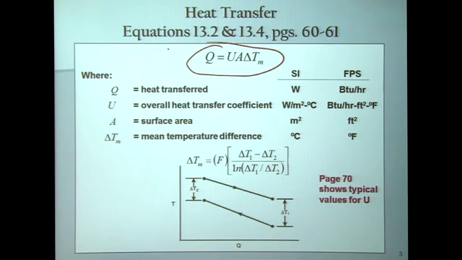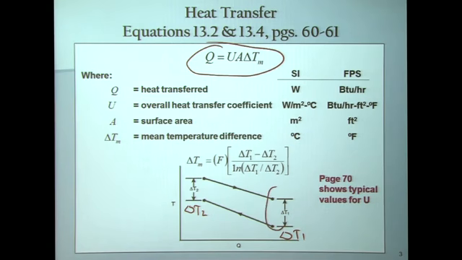U is the overall heat transfer coefficient. It's essentially the inverse of the resistance that the heat faces when it's going from one stream to the other. The A is the surface area of your heat exchanger, and your delta T mean is your driving force, or your mean temperature difference. The driving force is the temperature difference at the hot end of the exchanger, delta T2, and the temperature difference at the cold end of the exchanger, delta T1.